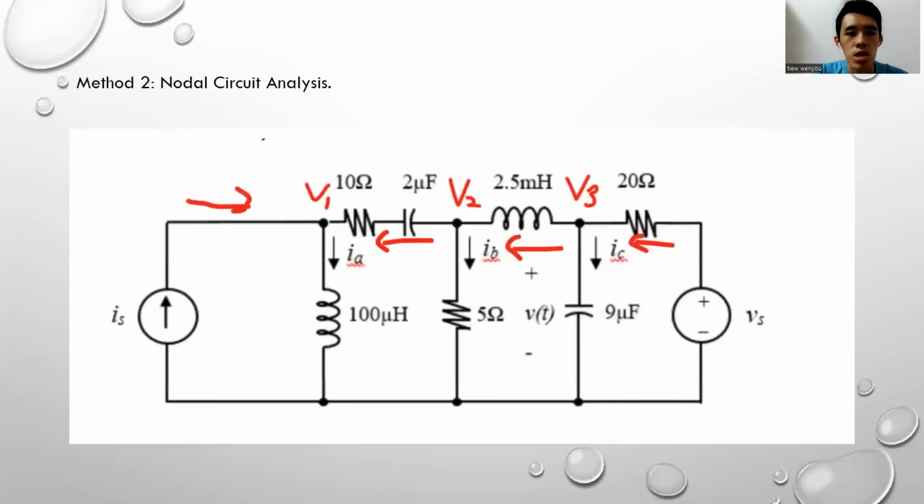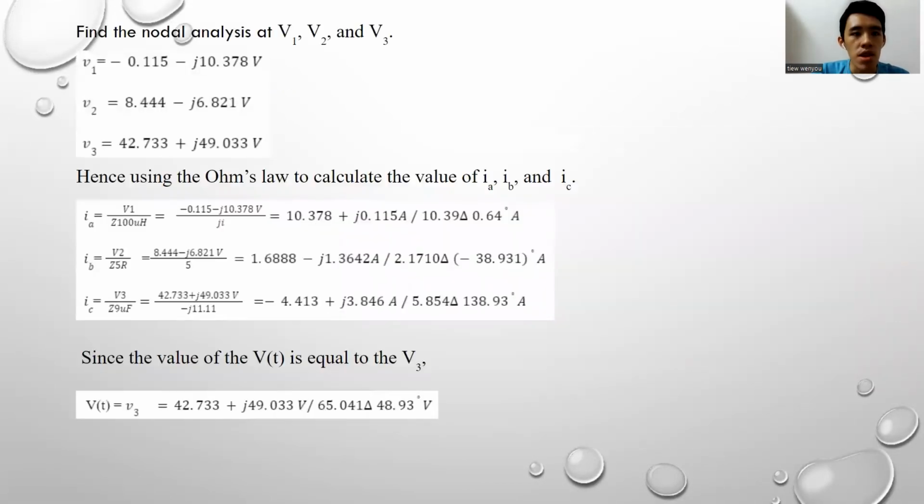Method 2 is nodal circuit analysis. We find the nodal analysis at V1, V2, and V3.